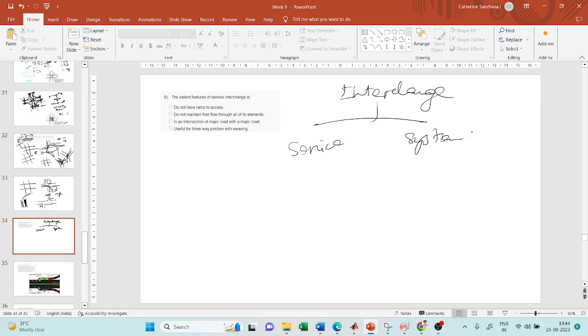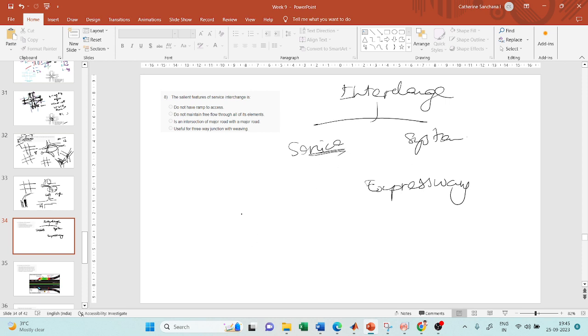If a high speed corridor, say an expressway, the highest level of roadway, is connected to local streets or arterials or sub arterials, then it is called a service interchange.